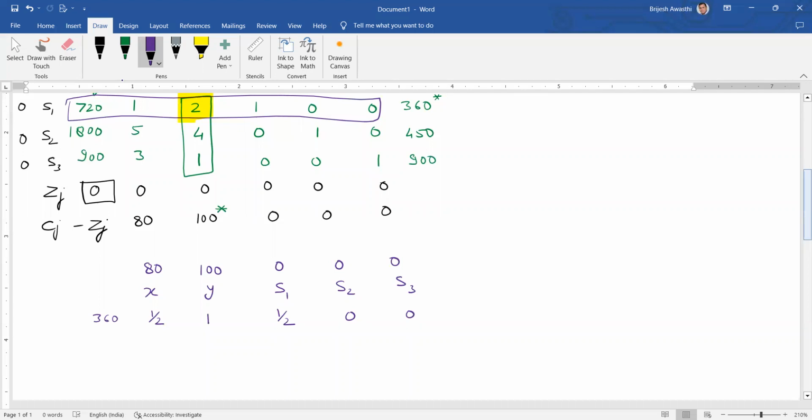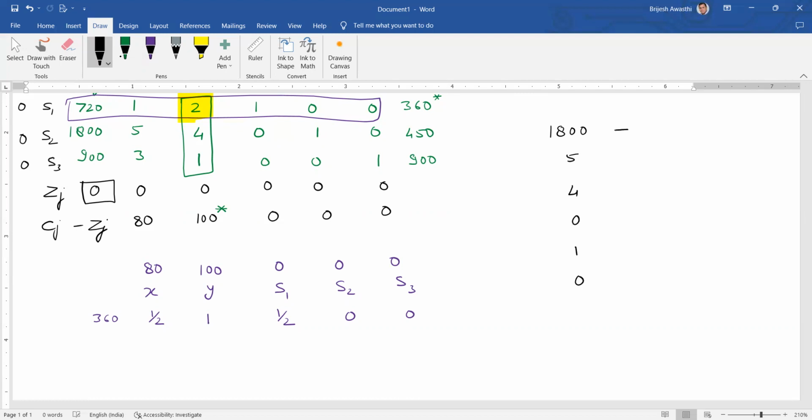I want to get the values of the remaining rows. So we have to write down the old values of the changing row. The values of the changing row are 1800, 5, 4, 0, 1, 0.